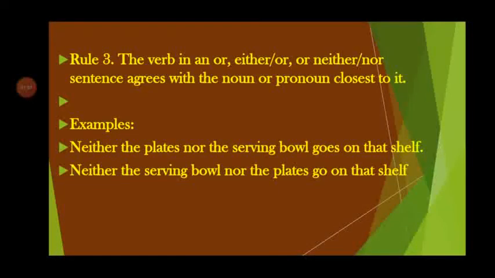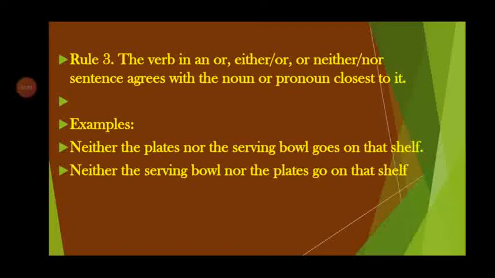Rule number 3: The verb in or, either-or, neither-nor sentences agrees with the noun or pronoun closer to it. Neither the plates nor the serving bowl goes to the chef. Suppose the subject is changed: neither the serving bowl nor the plates go on that shelf. Why is the second sentence "go" and the first sentence "goes"?